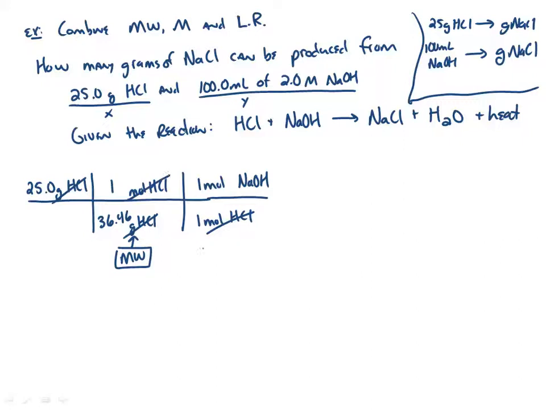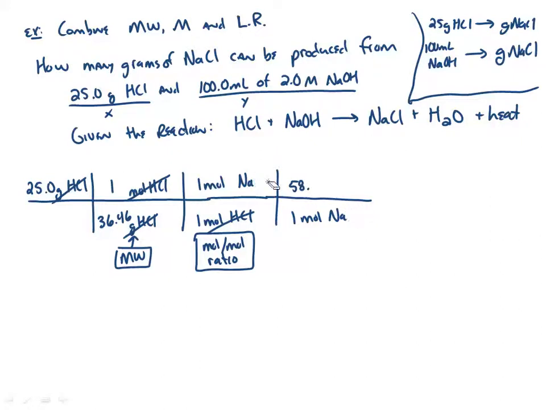And where does that come from? Yeah, that's from the coefficients of the reaction. And I picked a nice easy reaction. It was pre-balanced. They're all 1s. And of course, we always finish it off by going the opposite direction. We say that 1 mole of NaCl is, oops, yeah, NaCl.